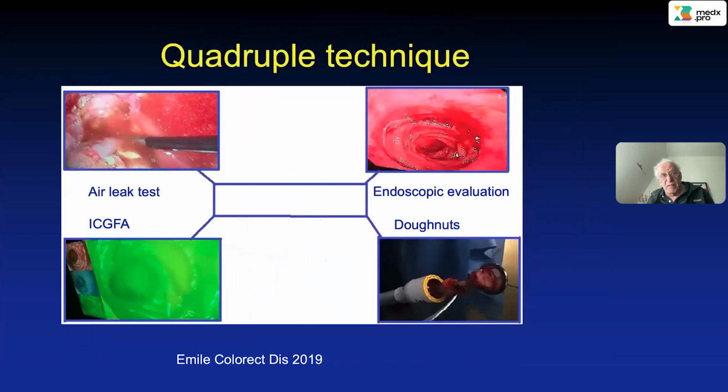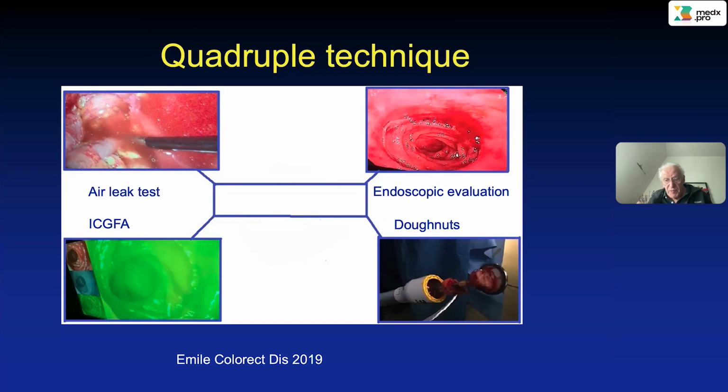And Wexner in 2019 said that there should be a quadruplet technique, and I would add there's a fifth to that quadruplet technique, which is the stump. So you test for air, you look endoscopically, you do ICG, and you look for the donuts. They're all valuable ways of testing.